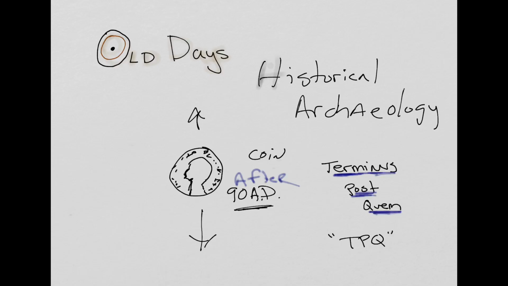So I give that site a TPQ date of at least 90 A.D., because obviously this coin couldn't have been deposited before 90 A.D. if we know that it was minted in 90 A.D. So the site is deposited sometime after 90 A.D.